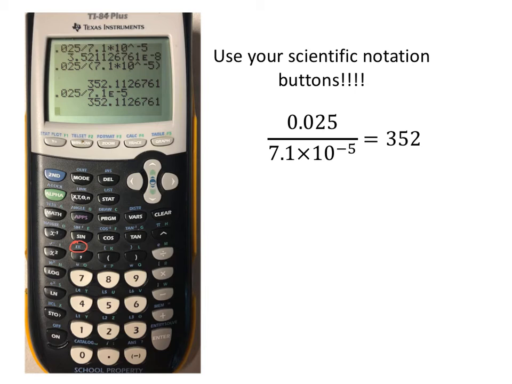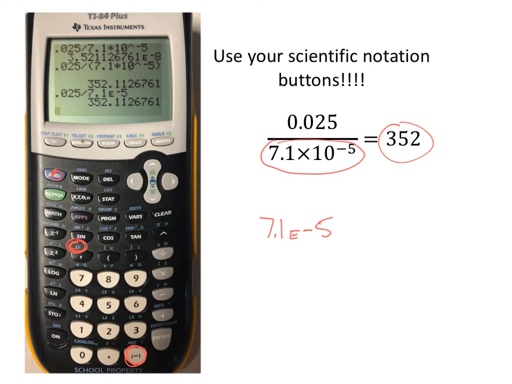And so if I want to enter 7.1 times 10 to the minus 5 in scientific notation, what I would do is type 7.1 and then use the second and then that EE, and that'll just put an E on your screen, and then no times, no 10, just put the power of 10 that you want. So in this case, it would be negative 5. And of course, we don't want to do minus 5. We want to use the negative button. And so when you do that, you get the correct answer of 352, right?